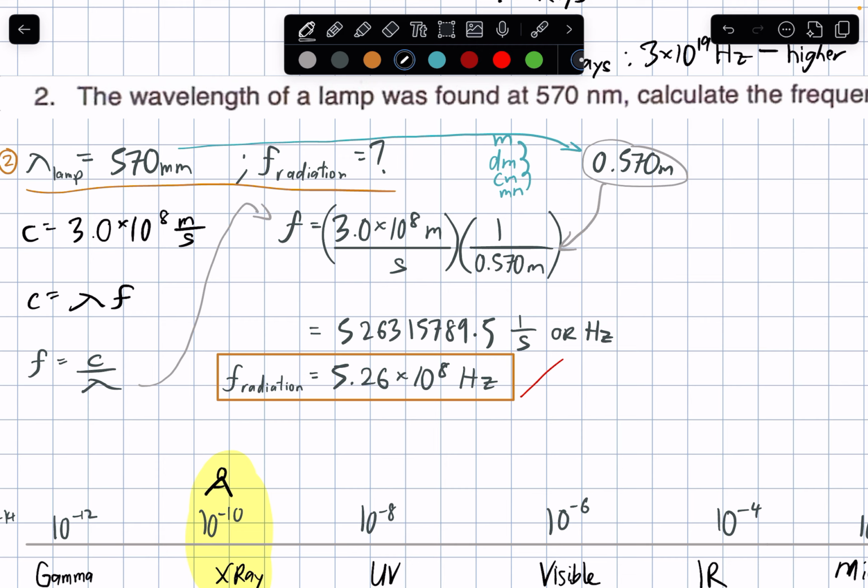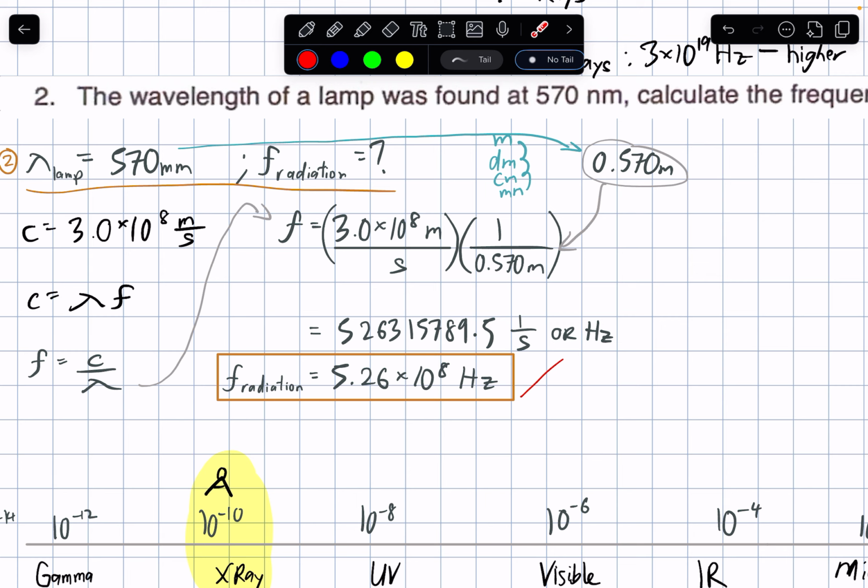So whether F or V, just use whatever you're comfortable with, unless your professor or teacher has instructed you to use a particular letter for that value. So this is the formula. Frequency is equal to the speed of light over the wavelength. We all know the constant speed of light, even if it's not given in the question, it is implied. You should already know that the speed of light is always 3 times 10 raised to 8 meters per second.